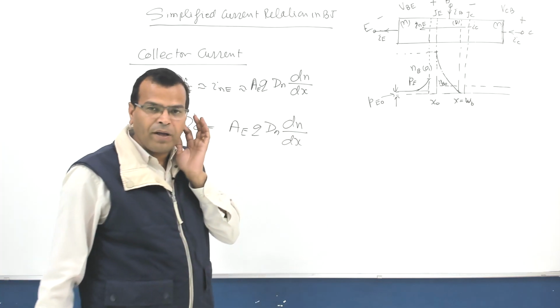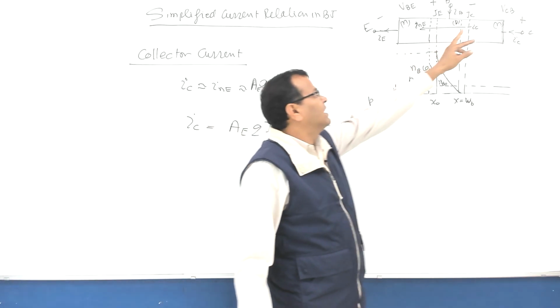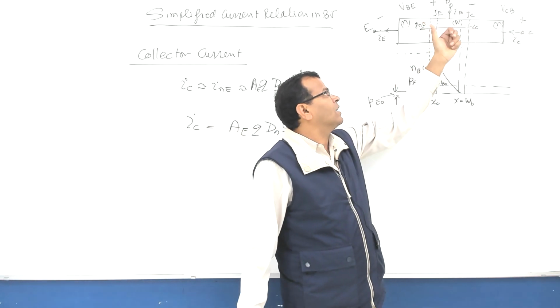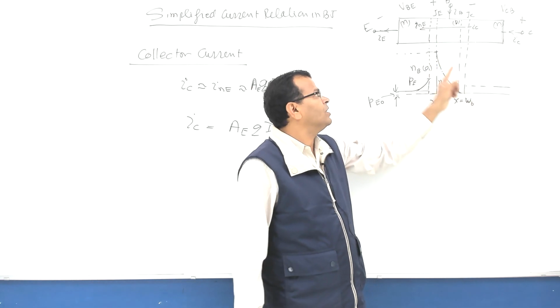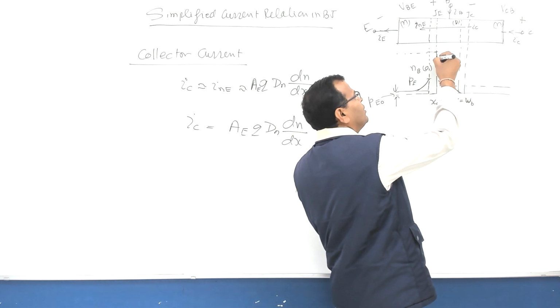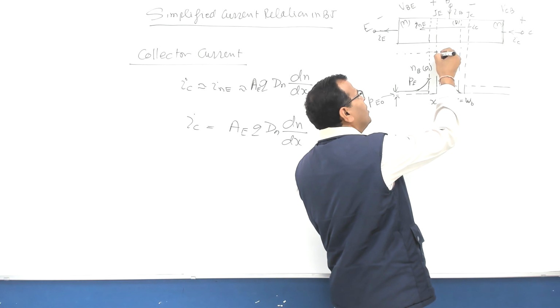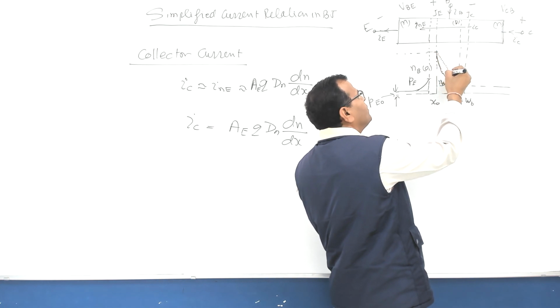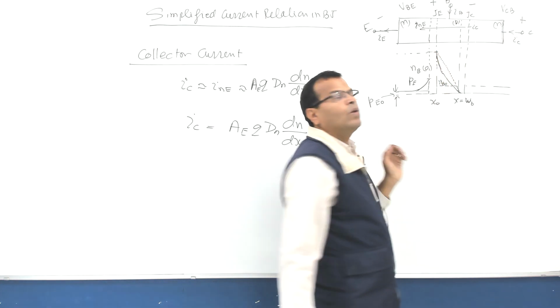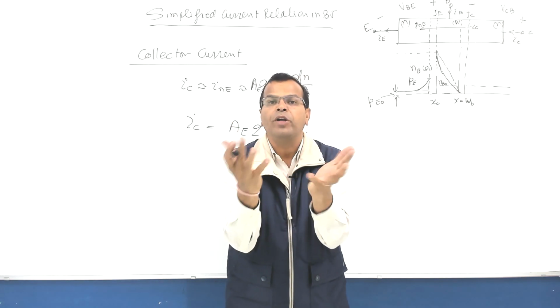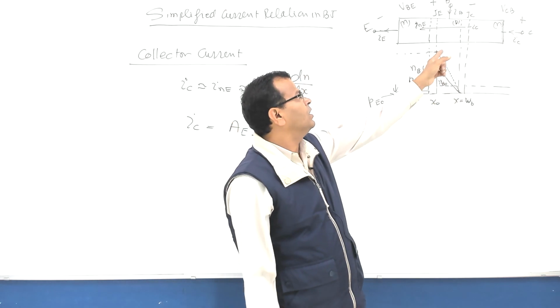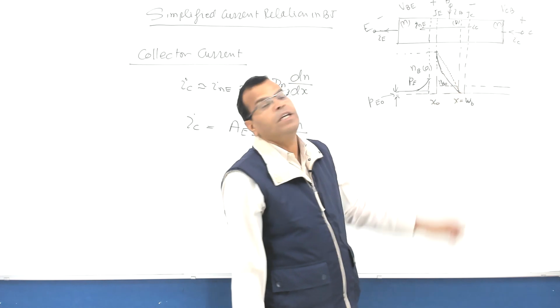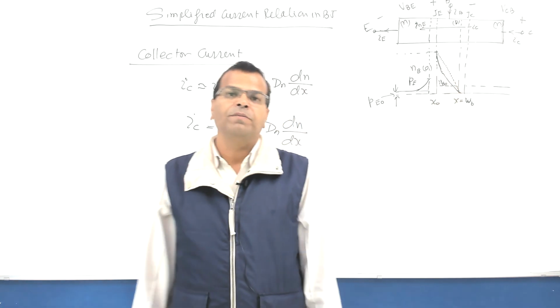But please remember, for this current, this curve has an exponential relation, but for the ideal relationship, if you want to have no recombination in the base region, this should reduce linearly rather than exponentially.